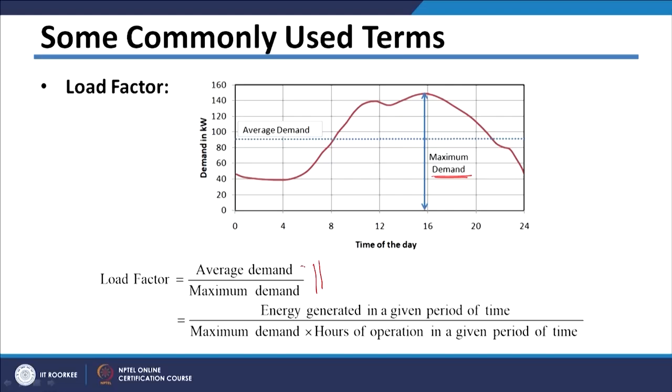Now if I multiply this by the number of hours, and this also by the number of hours, this will become total energy consumed, and this will become maximum demand multiplied by the number of hours.